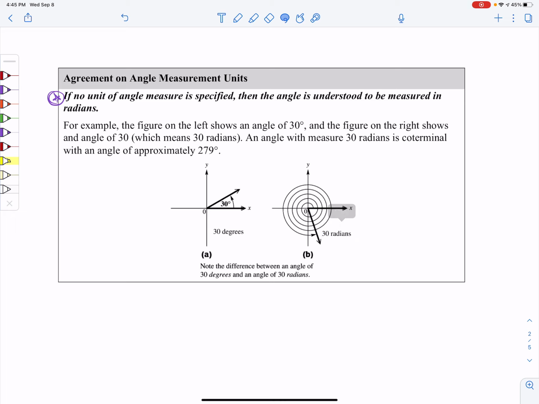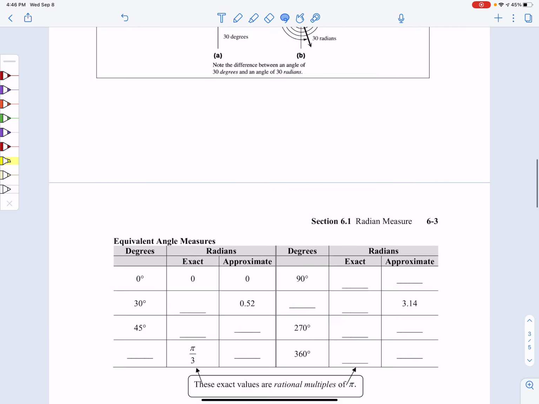You can see that these are totally different angle measures. They don't even land in the same quadrant. But 30 radians would just simply be written as an angle of 30, or just simply 30. Maybe it would say theta equals 30, and that would automatically mean 30 radians. So just understand that these are very, very different from each other.